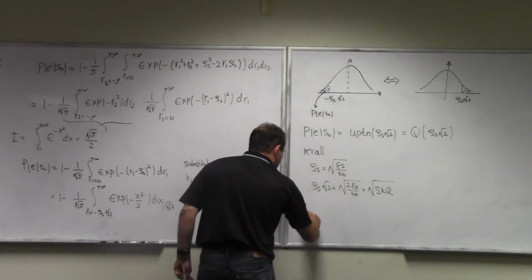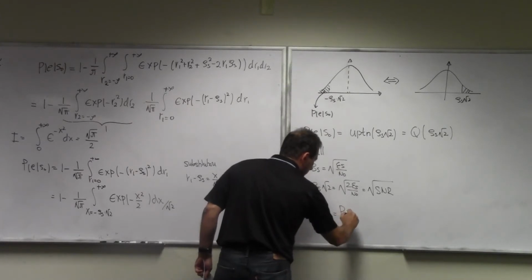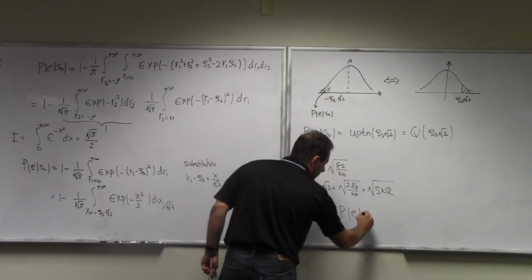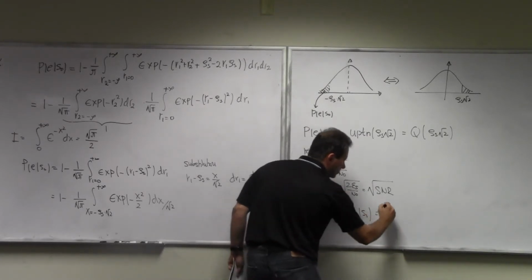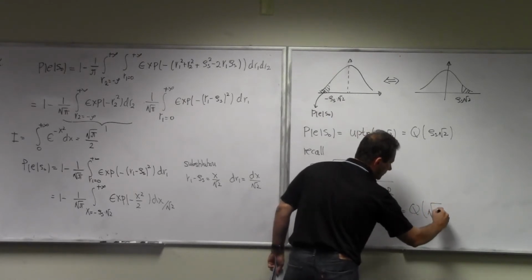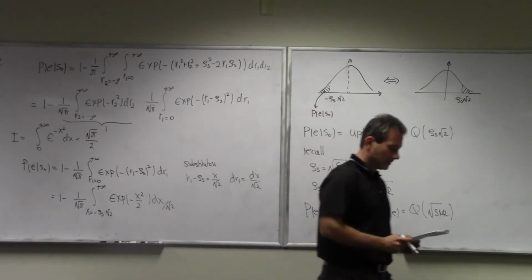So the probability of error given S0, which is the same as the probability of error given S1, which is the same as the probability of error, is going to be Q of square root of SNR, which is what we expected, right?